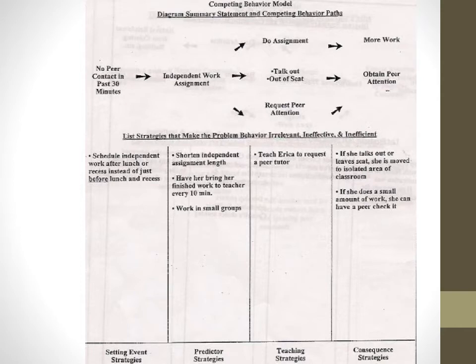She will just reschedule independent work time after lunch or recess instead of just before lunch and recess. So the teacher wants to satisfy and provide enough peer contact. She wants to prevent the problem behavior from occurring. So that can be a simple setting event intervention.